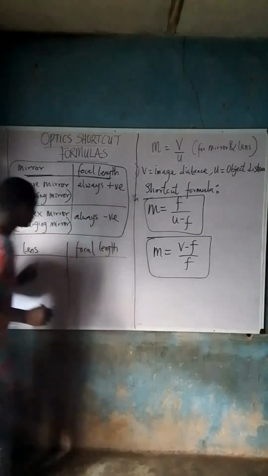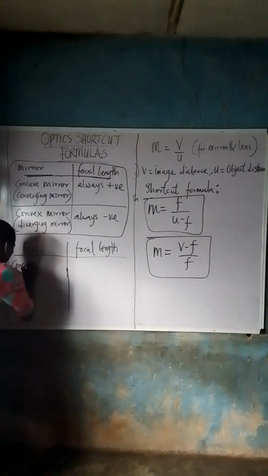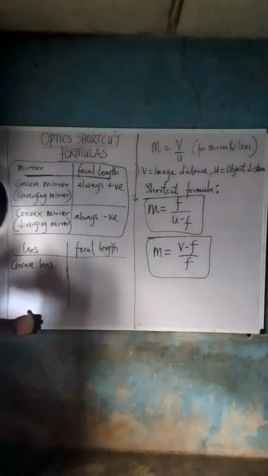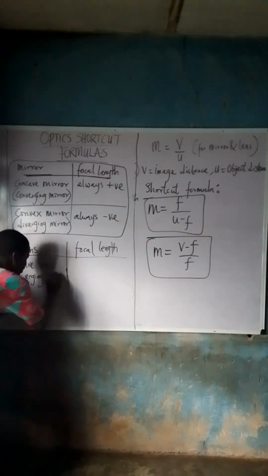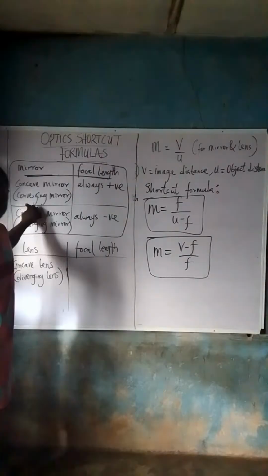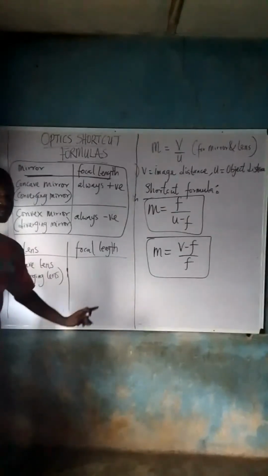Now for concave lens, which is also called diverging lens, observe the difference. There was a twist here, watch out. Concave mirror is also called converging mirror, while concave lens is called diverging lens.